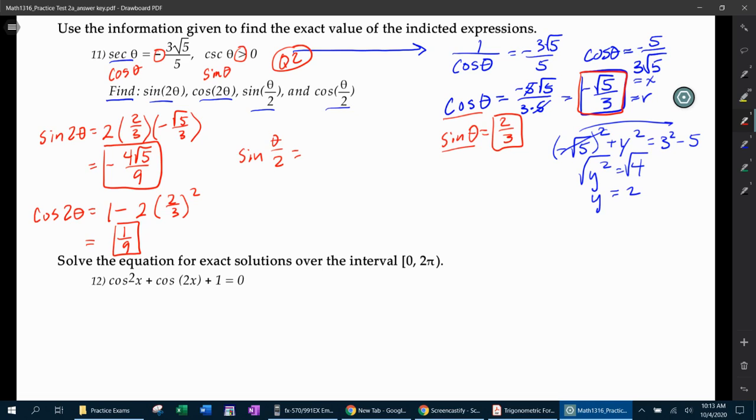So sine of theta over 2, if this is a quadrant 2 angle, we're going to end up using the positive square root of 1 minus cosine theta, which is negative square root of 5/3, all over 2.